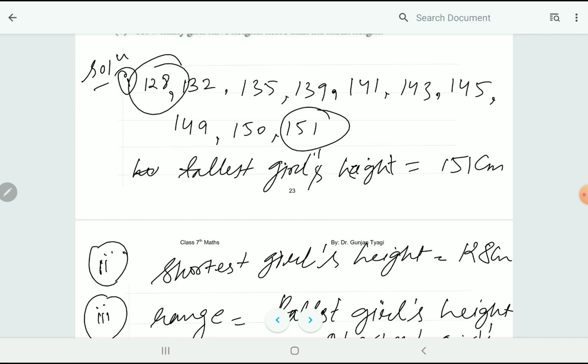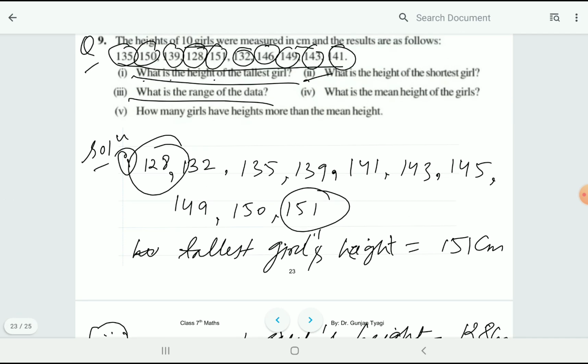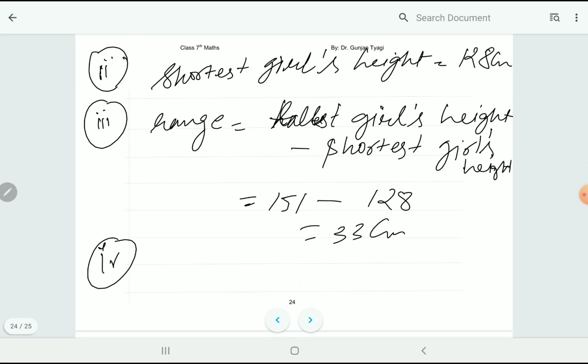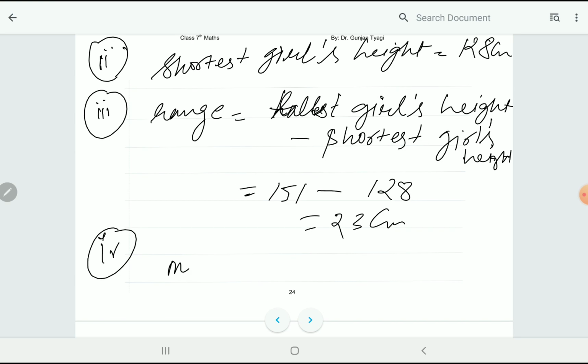Let's see the fourth part. The fourth part is, what is the mean height of the girls? It is also very simple. I made a mistake in subtraction earlier; it will be 23. The mean height is equal to the sum of the heights of all girls divided by the number of girls.